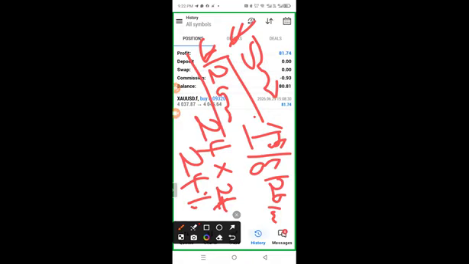Sometimes it can be lesser, sometimes it can be higher. So 1% of $120,000 because of 24x is $1,200.